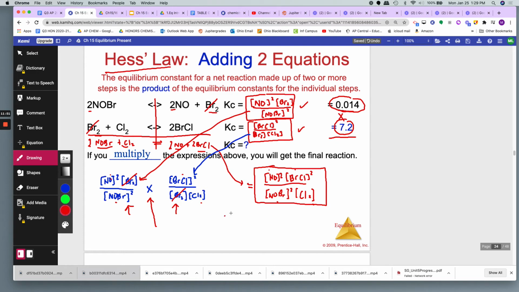So 0.014 times 7.2 equals, let me just do it. This is 0.014. This is 7.2 equals, the Kc for this one is 0.1008, 0.10 with 2 sig figs, and that is the Kc.